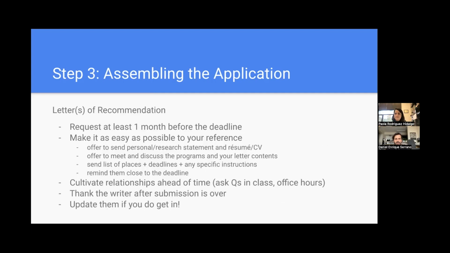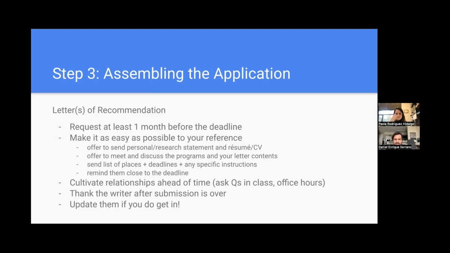So let's talk a little bit about letters of recommendation, which is one of those other parts typical in the application. As individuals that tend to give letters of recommendation, from personal experience, we recommend that you request these at least a month before the deadline for the REU application, just to give people time to put it into their schedule, write the letter and send it.